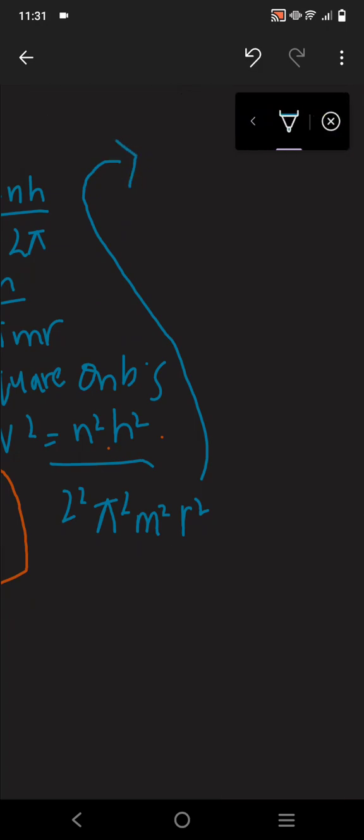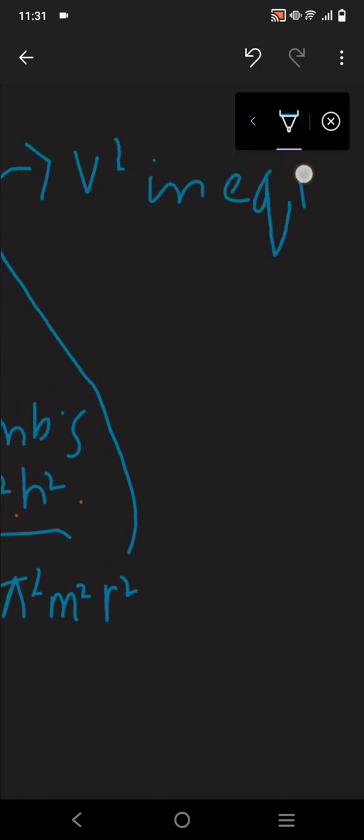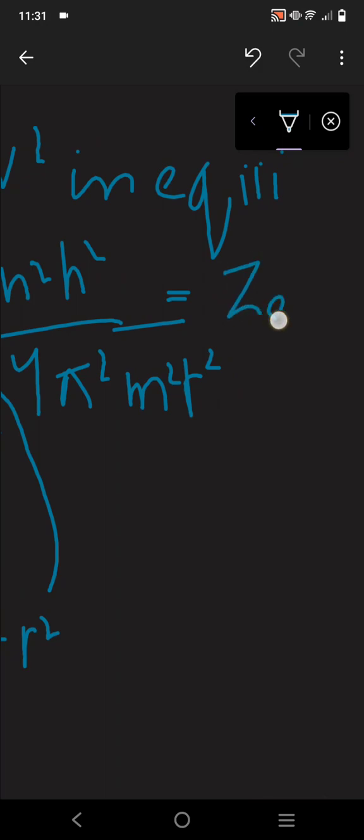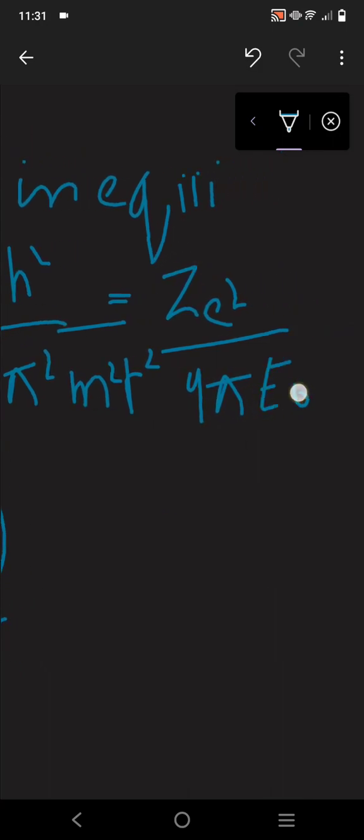Alright, let's just do the remaining over here. Putting the value of v square in equation number 3 that we have just derived. So n square h square upon 4 pi square m square r square is equal to z square upon 4 pi epsilon naught r m.